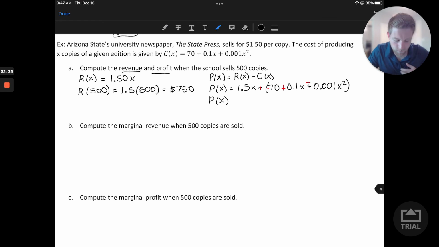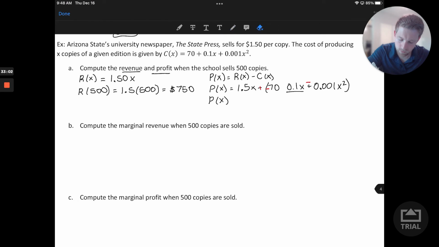We'll have two terms that combine. That would be the 0.1x and the 1.5x. Those are going to be added together. Actually, it should be subtracted. Let's go ahead and check our math here. These should be a subtraction because it started as a sum.